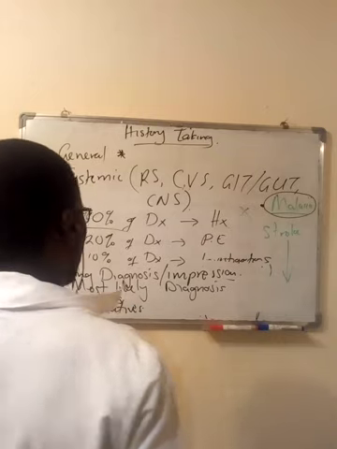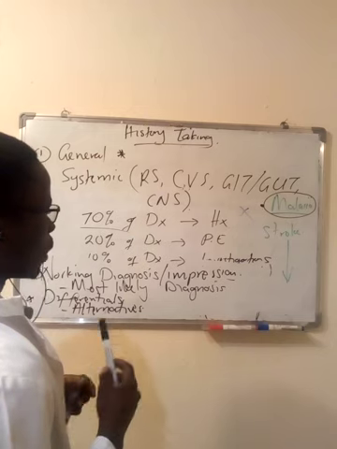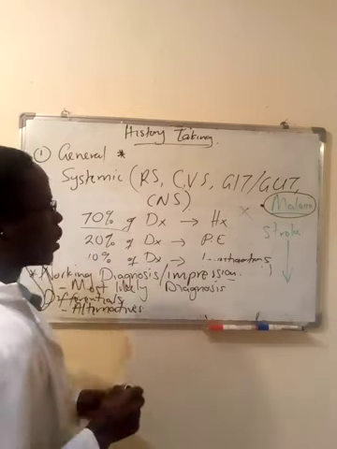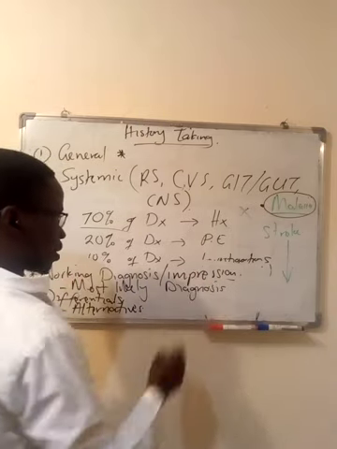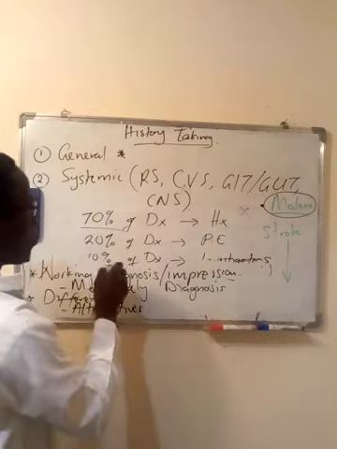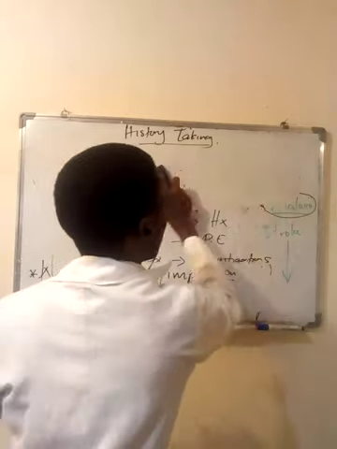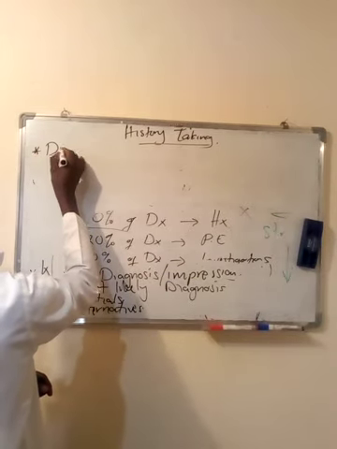So the definitive diagnosis is something that is confirmed. Diagnosis that is confirmed by laboratory or radiological, histopathology, and so on. You understand? So now, how do you come up with the confirmed diagnosis?